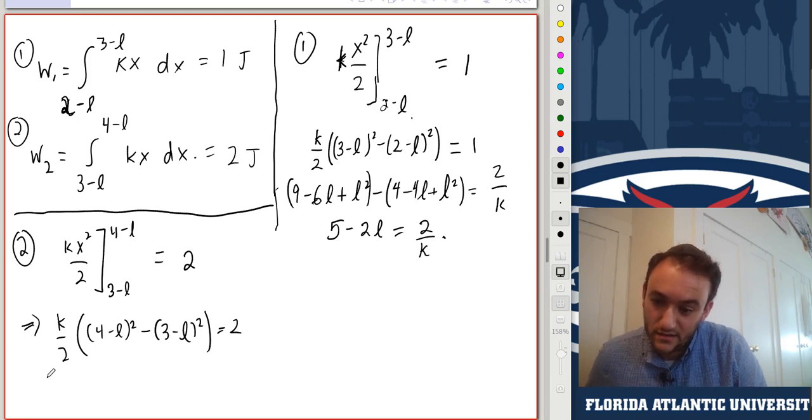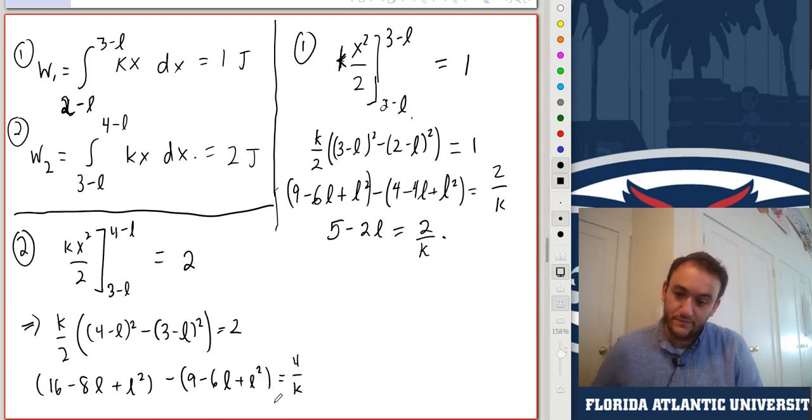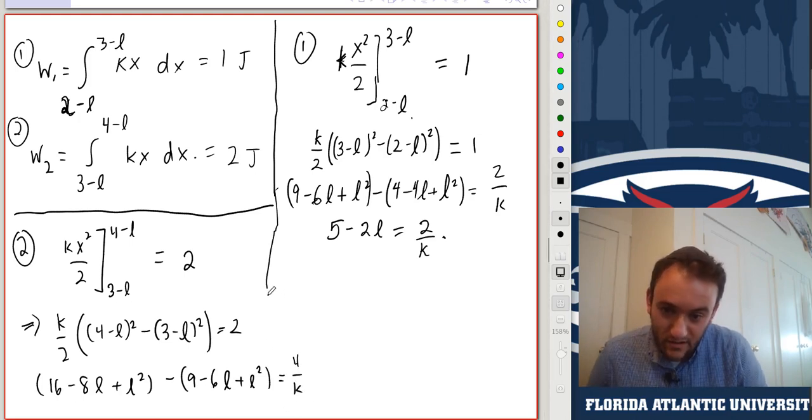And that gives us 16 minus 8L plus L squared minus 9 minus 6L plus L squared equals 4 over k. And combining terms, the L squareds cancel, and we have 7 minus 2L equals 4 over k.